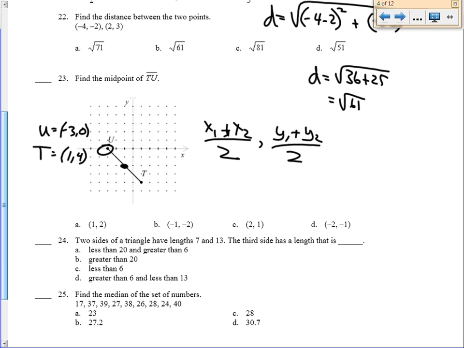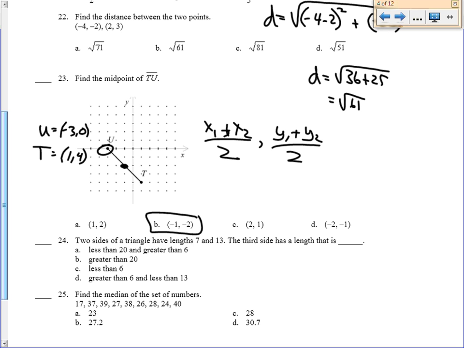Now, this is not the problem I'm concerned about. The one I'm concerned about that we might miss is the one where they give us the negative 1, 2 and ask you to find the point that's missing over here. Remember, just go through the same process, but you'll end up with the x1 plus a number over 2. You got to multiply that 2 back to the other side. But regardless, make sure you understand when you take your 3 points and check them. Guys, it is the middle point.